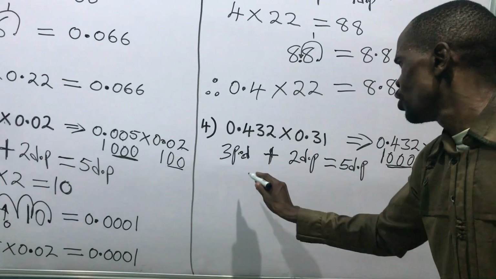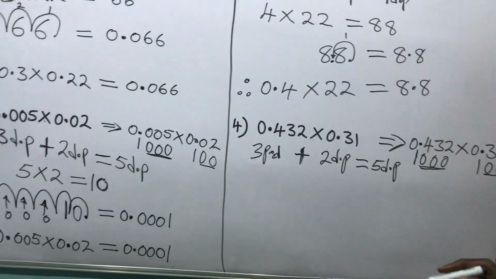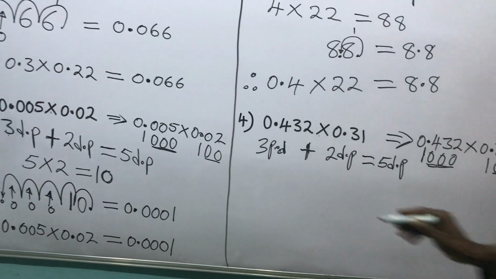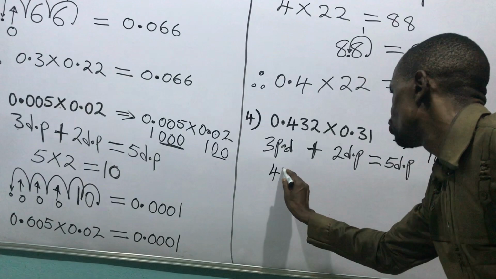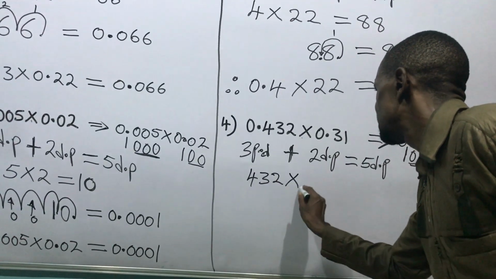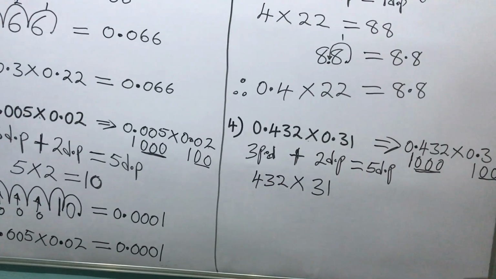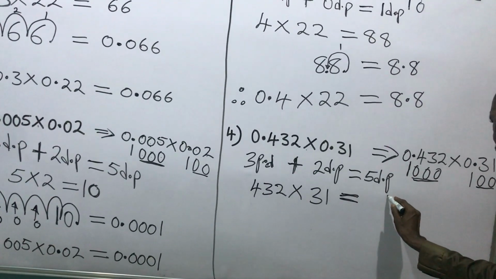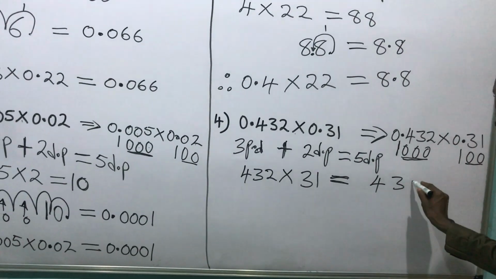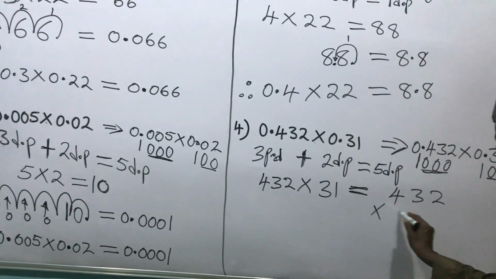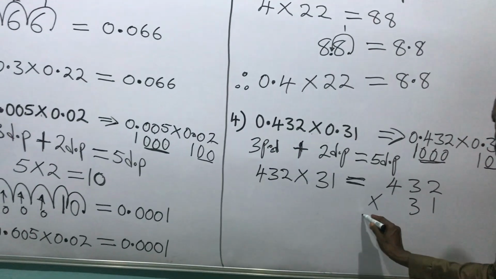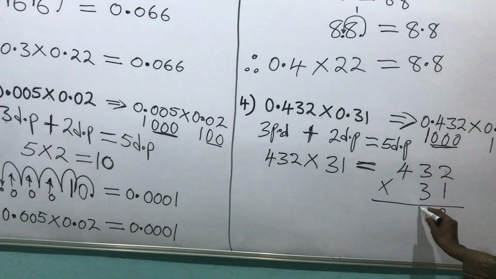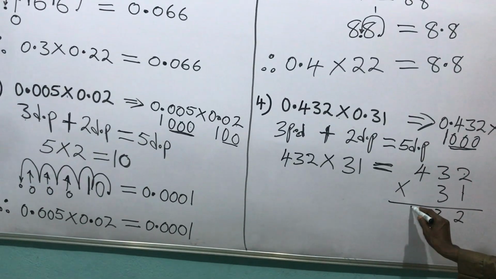Then now, I'm going to multiply this as if they are not decimal fractions. I'm going to say 432 times 31. 1 times 2 will give me 2. 1 times 3 will give me 3. 1 times 4 will give me 4.